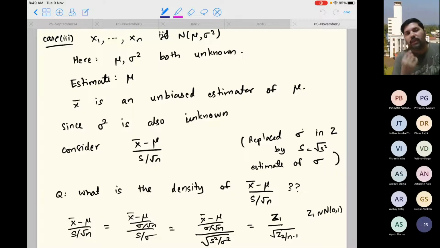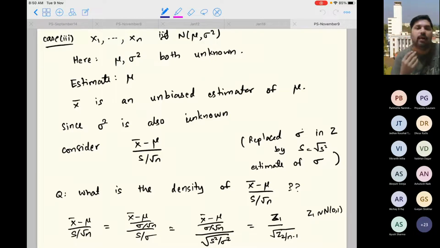Now the case we are considering is where sigma square is unknown, so we want to estimate sigma square also. That is guessed from the data by S square, and as you correctly understood, S square will also have some variance sitting inside it.